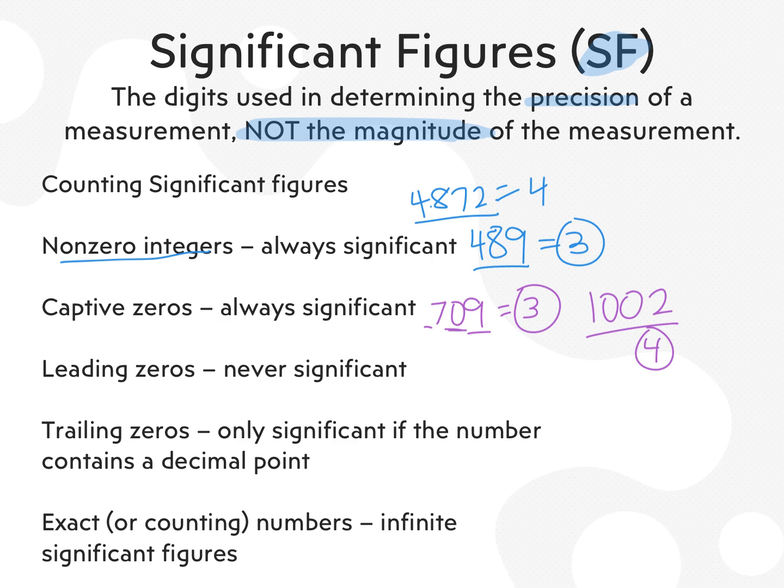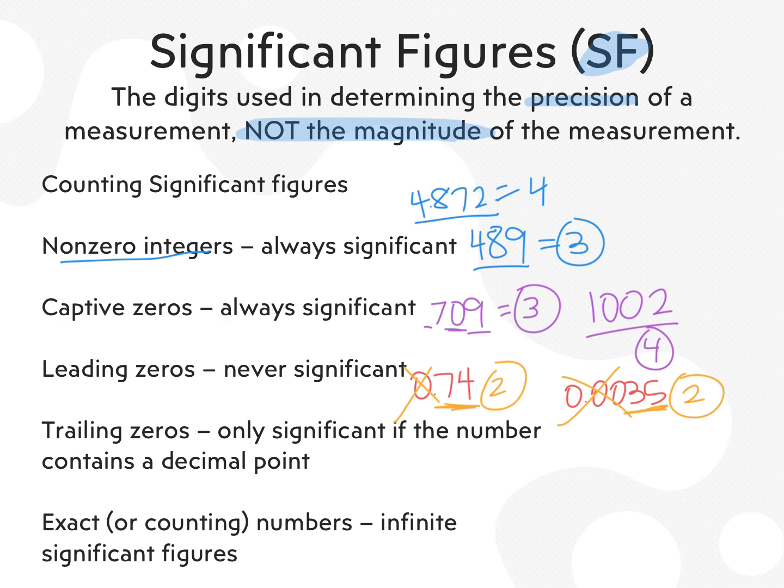If we have leading zeros, that is the zeros that come before the numbers, like 0.74, these leading zeros are never significant. They are not at all significant. So in 0.74, we've only got 2 significant figures. If I had 0.0035, that is only 2 significant figures. The zeros that come before the non-zero integers are never significant.